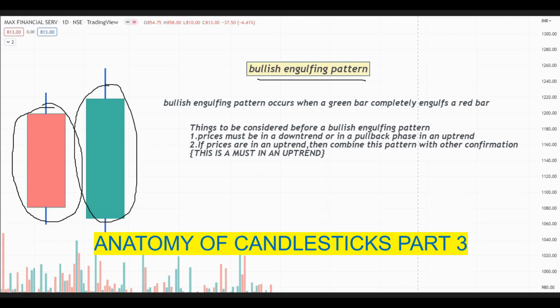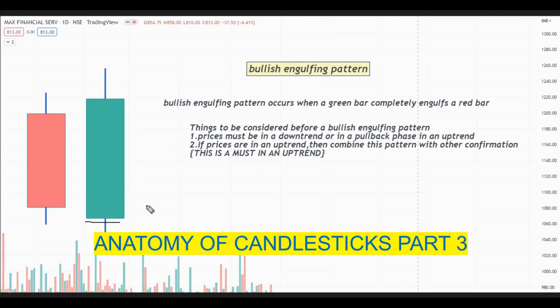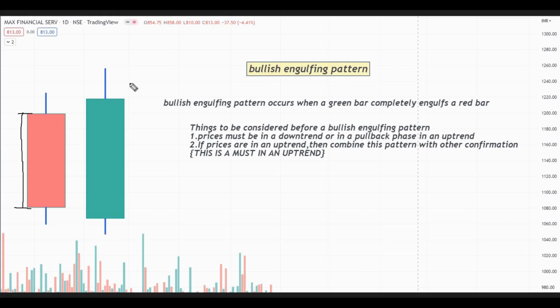It indicates the domination of bulls over the bears in the market. See, bears in the previous candle sold the prices aggressively and it closed around the low of the candle, but in the next candle, what did the buyers do?